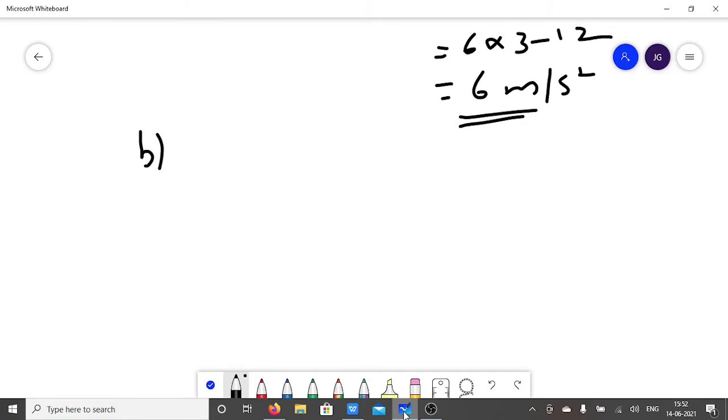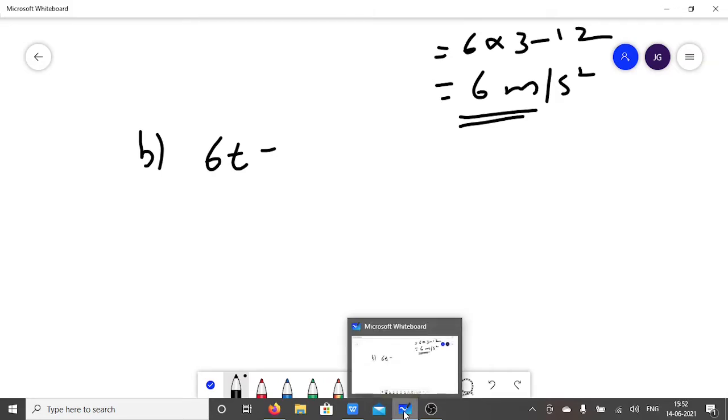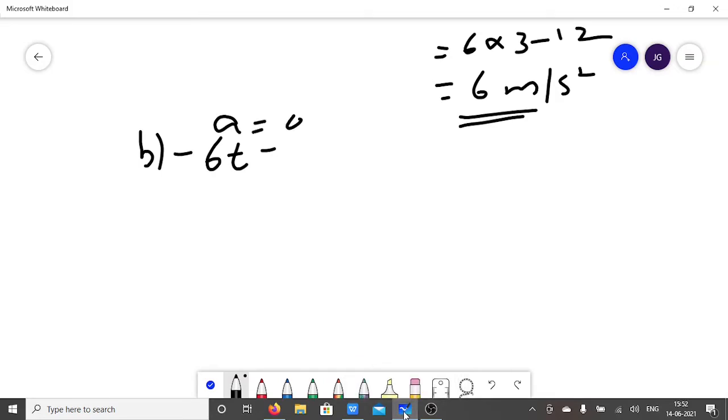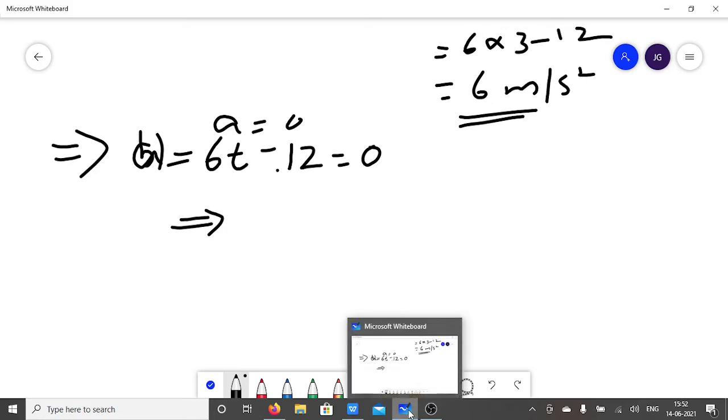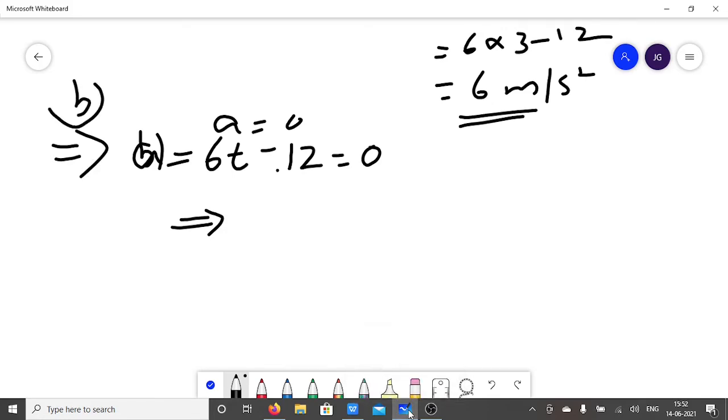Given that acceleration is 0, A equal to 0 implies 60 minus 12 t is equal to 0, so 60t equal to 12, or t equal to 12 by 6 is equal to 2.